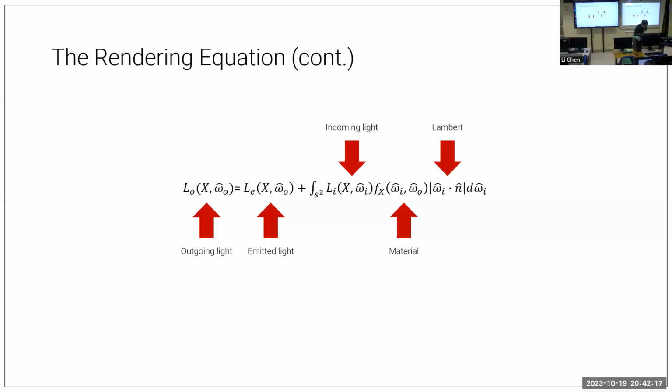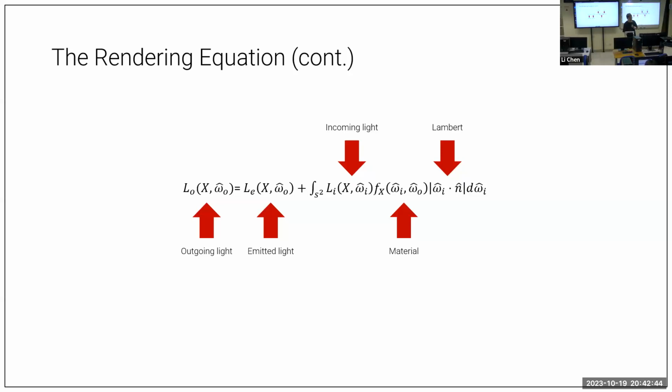This is also very important. This is the material, and it is a very abstract material. How can you use this omega i and omega o to actually calculate the material? If you look carefully, you can find this one here and also this one here.